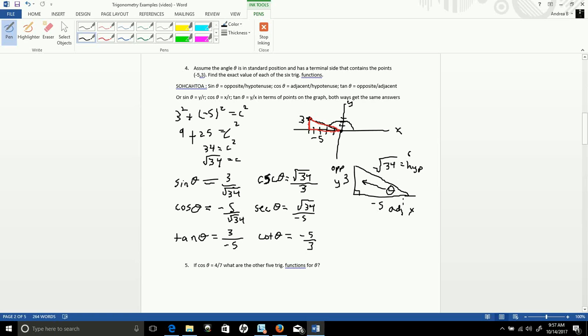Cosecant, secant, and cotangent, once again, are reciprocals of those, or you could also write as 1 over those. So you write that off to the side here as well. So we could also write it, for instance, that secant theta is equal to 1 over cosine.